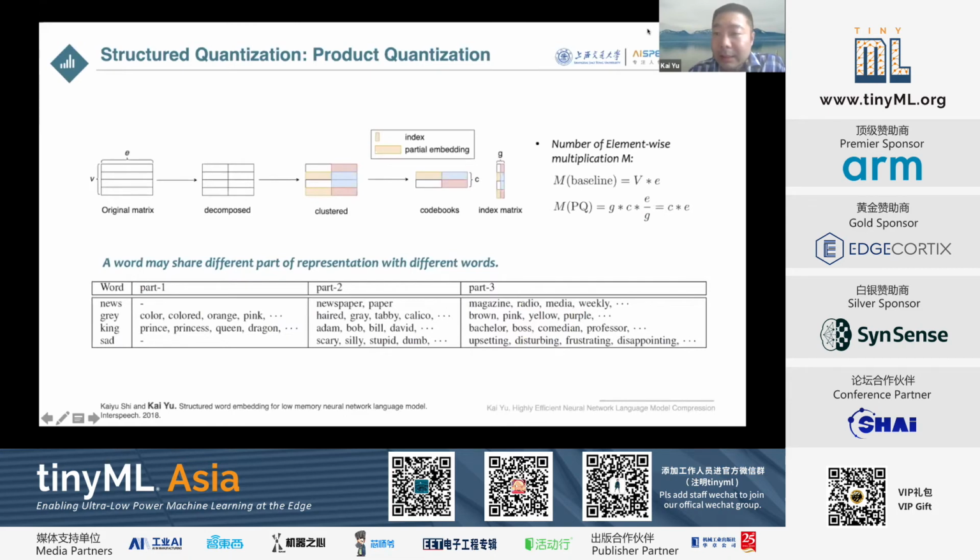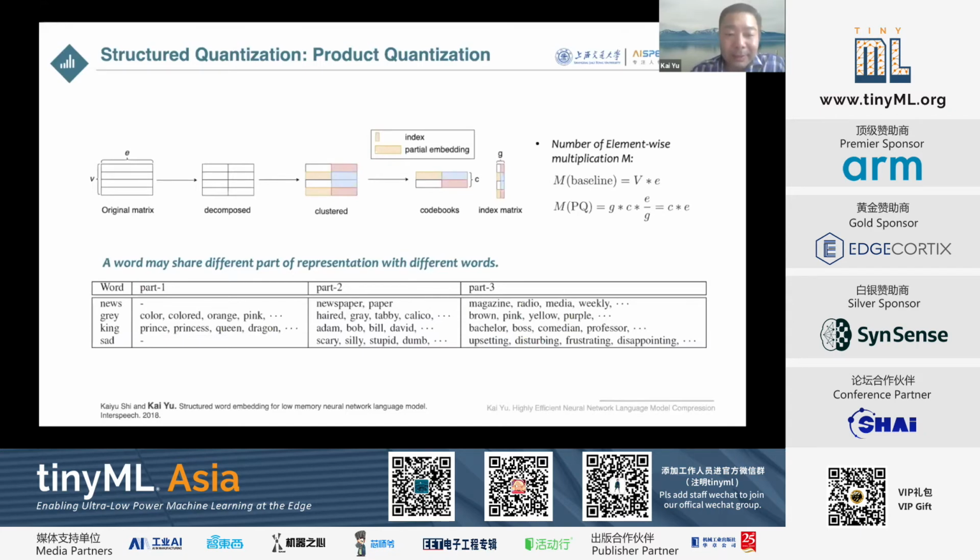And this product quantization also gives us some hints on how to group words. Before, if we used only vector quantization, we could only group vectors together. So different words would have different similarity, but we cannot thoroughly analyze this similarity.